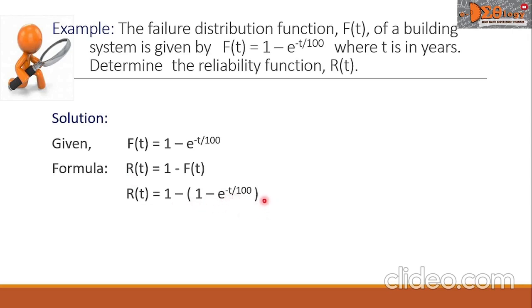When we remove the grouping symbol, we change the sign of the terms inside the grouping symbol. So we have this 1 minus 1 becomes 0, and this negative e becomes positive. It means R of t is equal to positive e raised to negative t over 100. This is now the final answer.